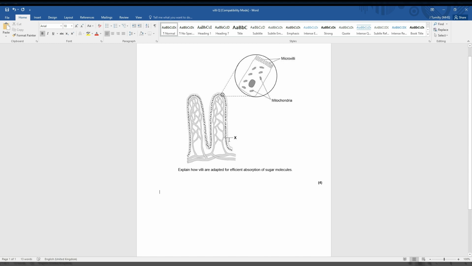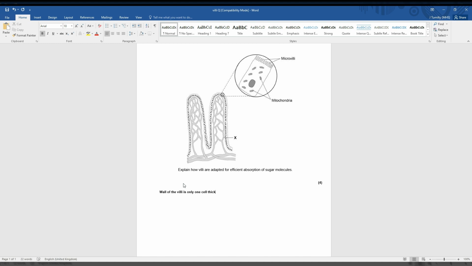Okay, so that is a very important feature. So I'm going to start with that I've noticed there. So we can say that the wall of the villi is only 1 cell thick.